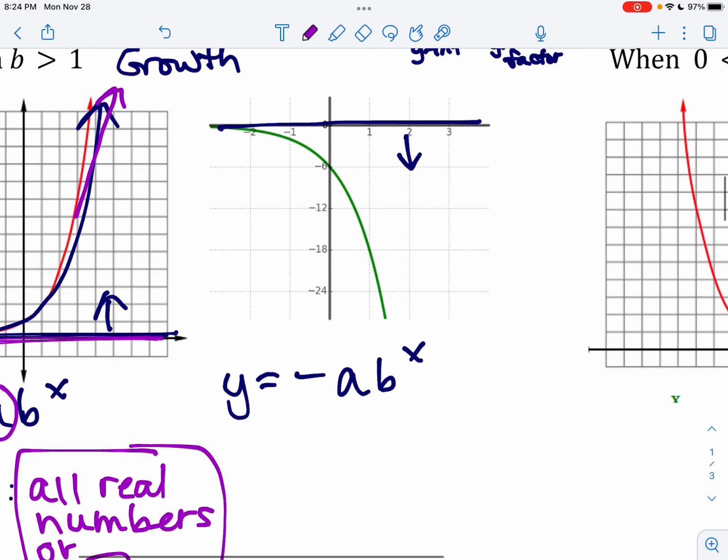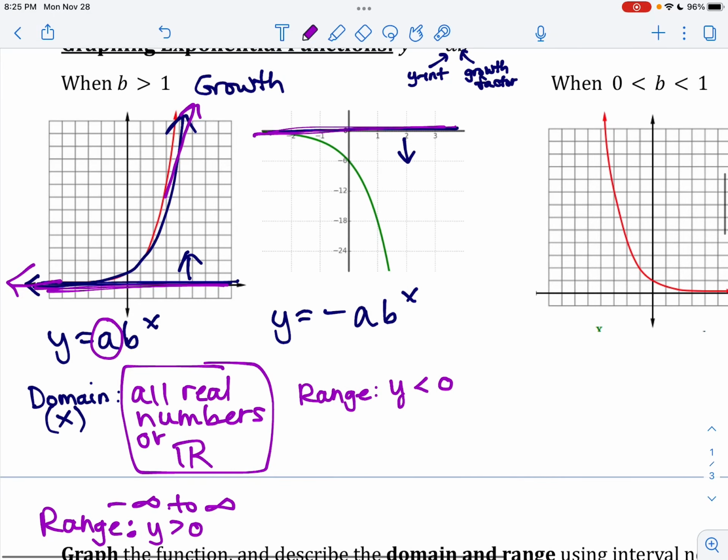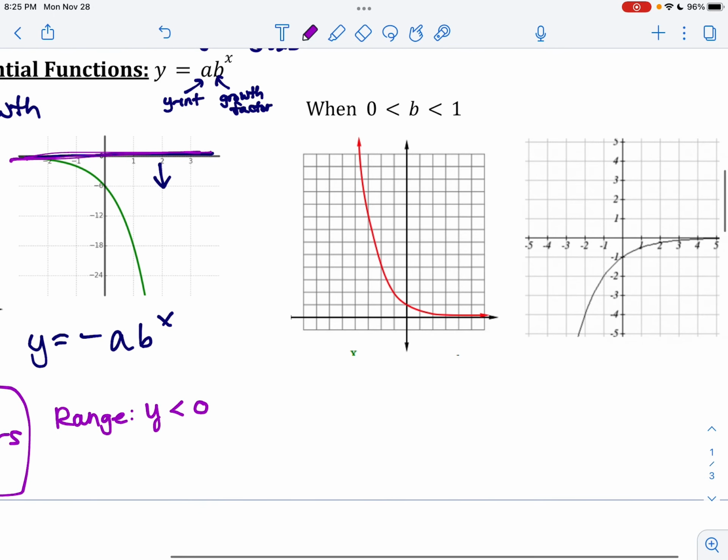In this case, where the graph is below the x-axis, the range is going to be y is less than 0. Two easy things to remember. If the graph is above the x-axis, it's going to be y greater than 0. If the graph is below the x-axis, it's y less than 0. And the domain is always all real numbers.